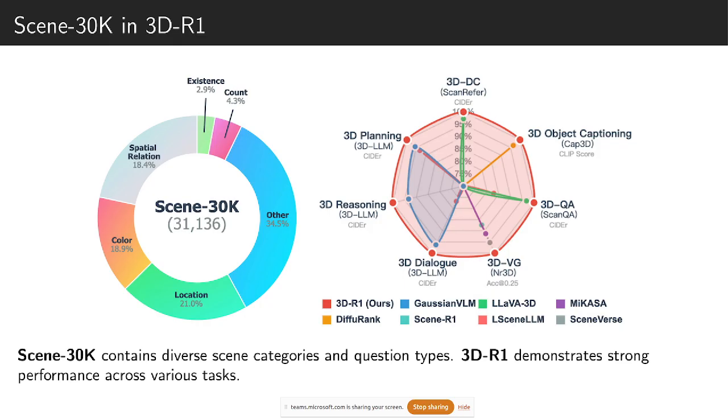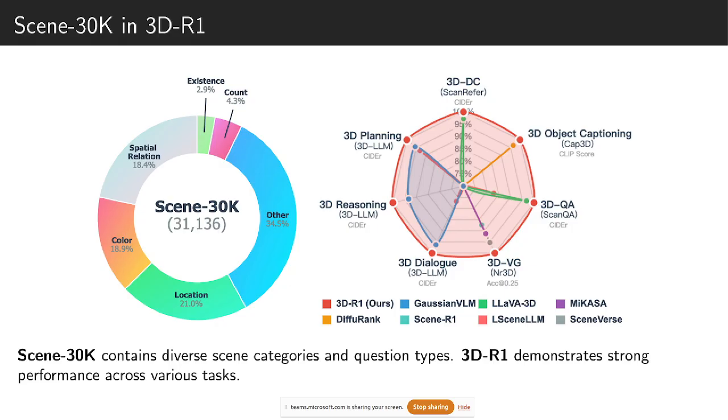For example, there are color questions within our synthetic data, location questions, and spatial relations, like is your chair beneath your desk or above your desk? Am I able to put my chair beneath the desk? Questions like this, and we result in a very diverse and high quality, but not really large scale dataset. Actually, it's just 30K, but enough for us to post-train a 3D VLM.